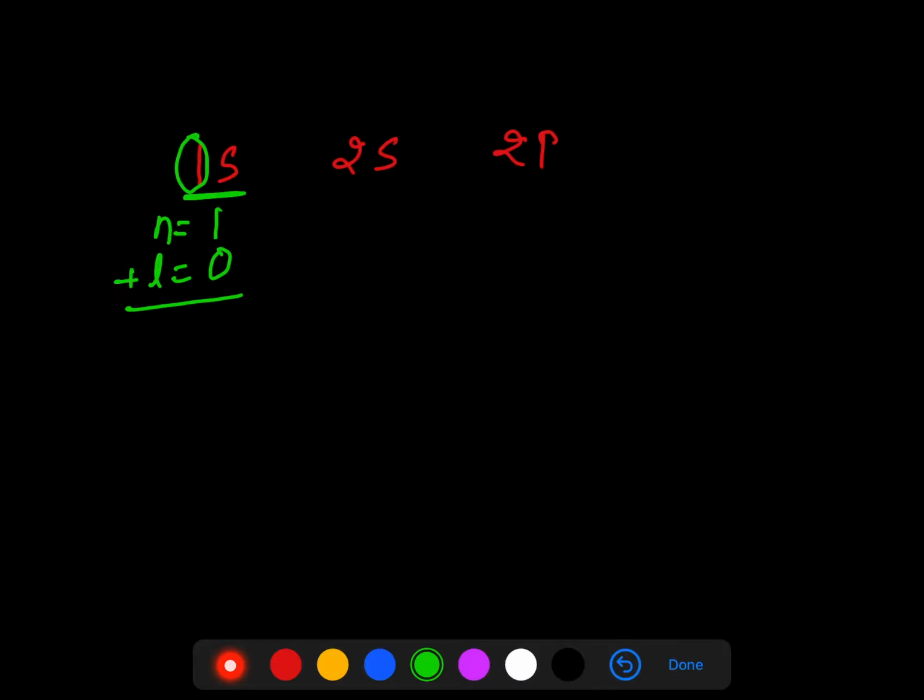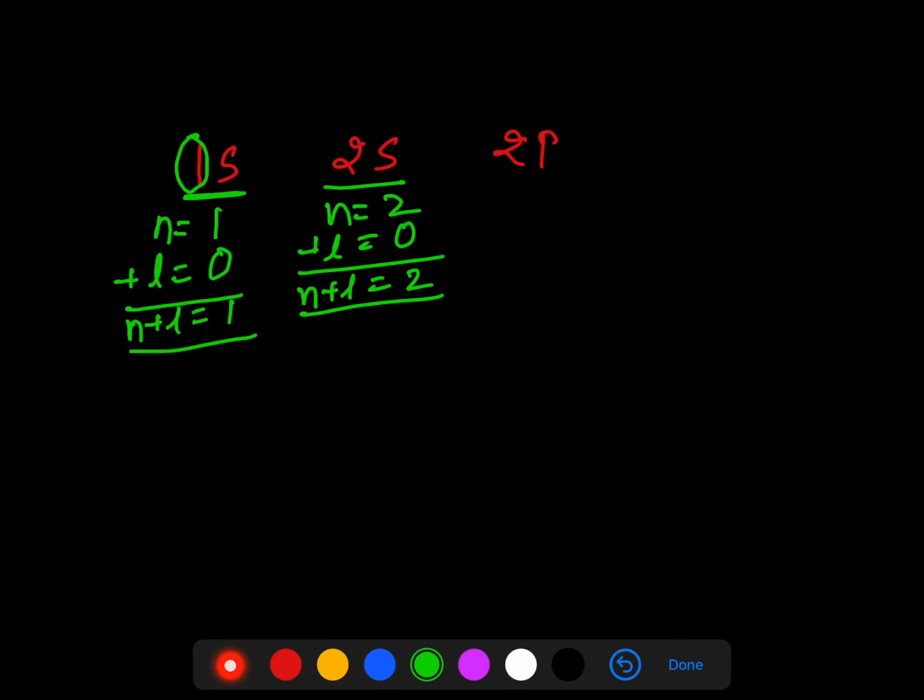If you take n plus l, it is 1. For 2s, the value of n is 2 and the value of l is 0 again because it's an s subshell. The n plus l value will be 2. For 2p, the value of n is 2 but the value of l is 1. If you take the n plus l value, we get 3.